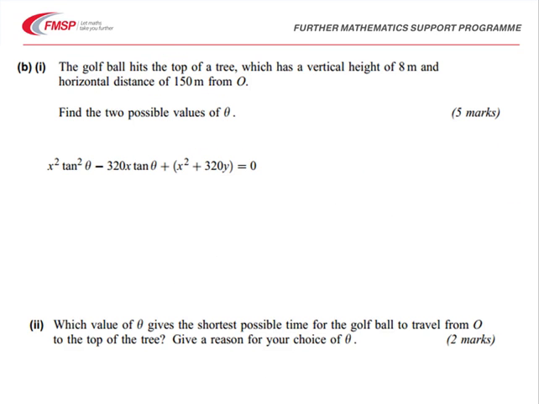The second part of the question asks us to use some particular values for x and y. The vertical height, this is the y value, equal to 8 meters when the x value is equal to 150 meters.